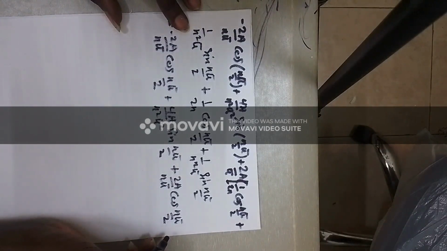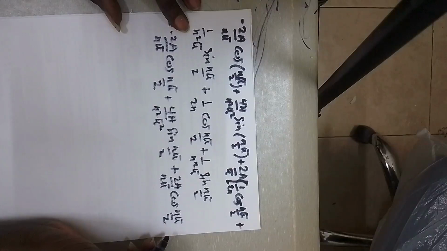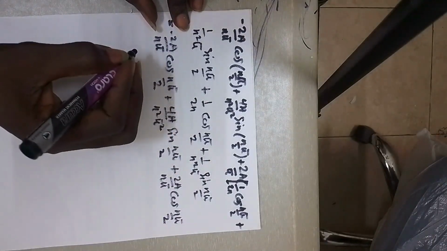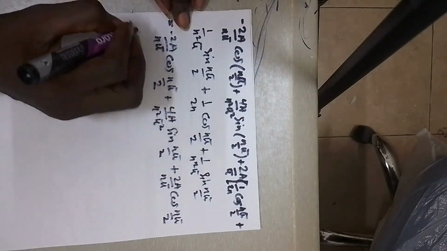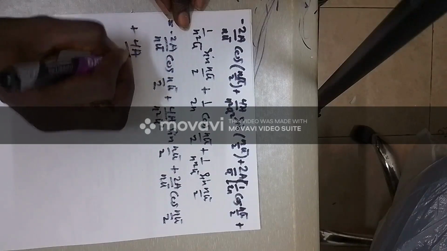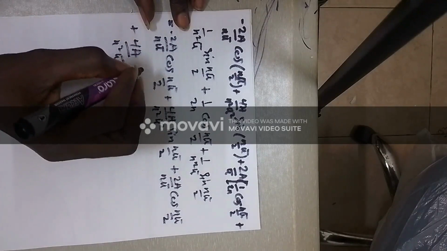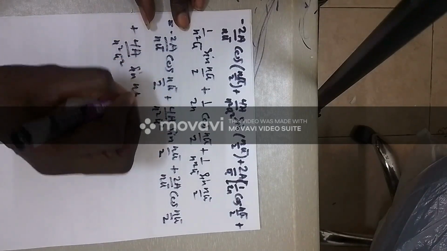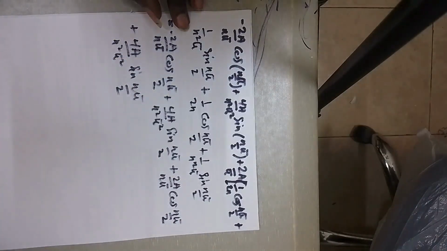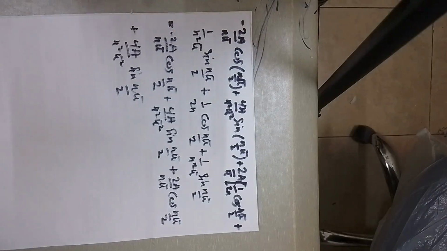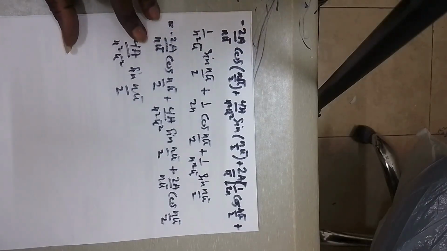So if I continue, I'm going to have plus 4a over n squared pi squared sine n pi on 2.